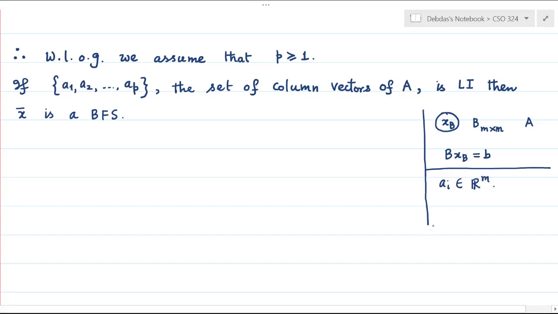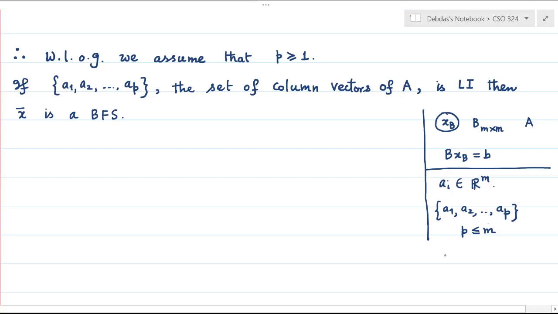Therefore, in a set of linearly independent vectors A1, A2, ..., AP, you can have at max m number of vectors. So a set of linearly independent vectors from Rm can have at max m number of elements. That we know. And therefore P is less than or equal to m.